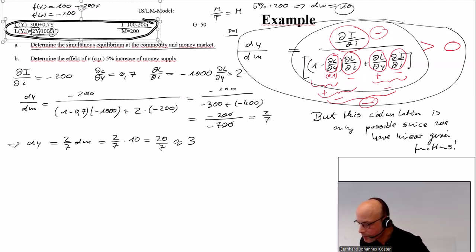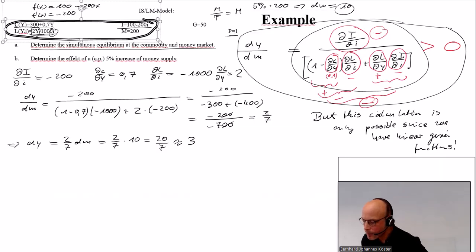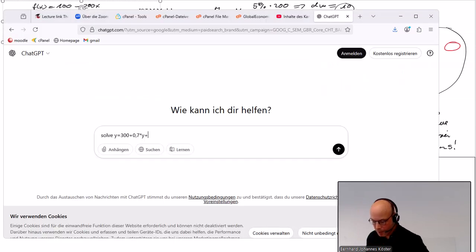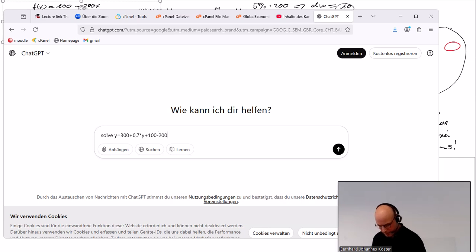So C plus I plus G: 300 plus 0.7 times Y, plus 100 minus 200i, plus 50, was it?